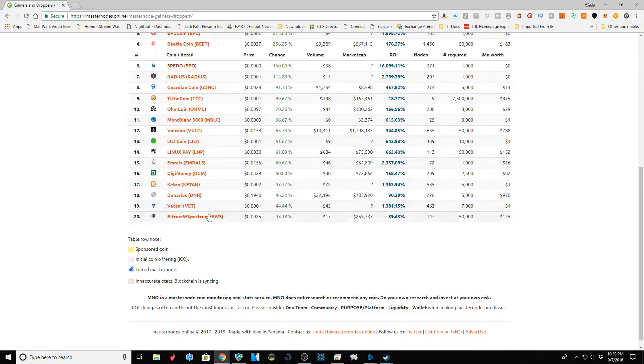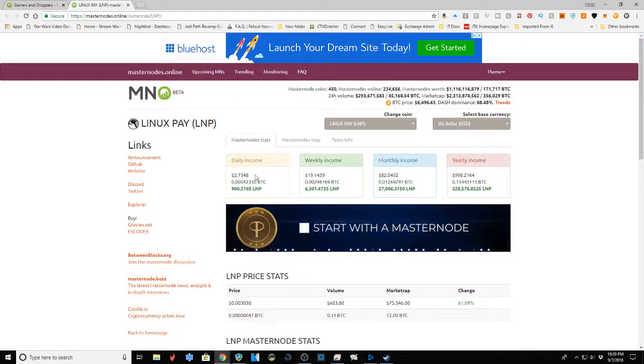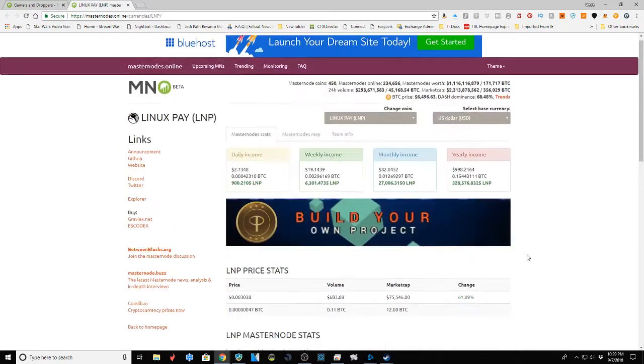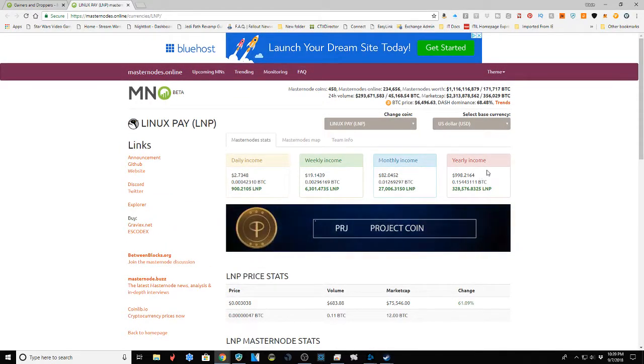Now, some of the coins that I have exclusively exist on a shared Masternode server that I was on. There are other reasons why I get into them. I actually wanted to get into Linux Pay. I had the coins to start up the Linux Pay server, but when I transferred the coins to my wallet, they never arrived.